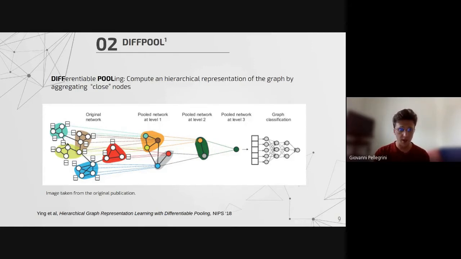We do the same for other parts of the graph. Once we have done this operation, we end up with a totally new graph, which is a coarse representation of the previous one. If we keep doing it, in the end we will obtain a graph which is just one node, and from that node we can compute our prediction with a readout function.